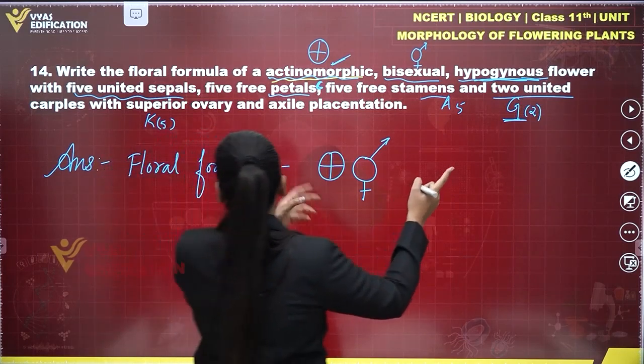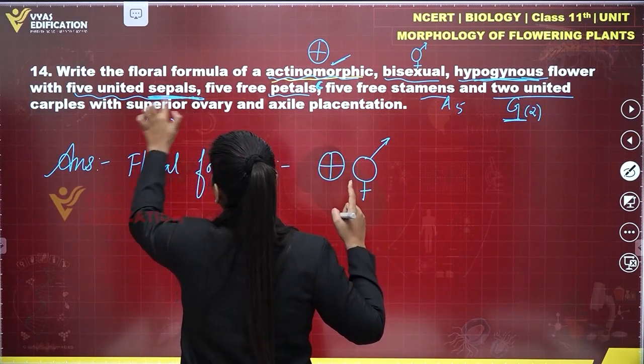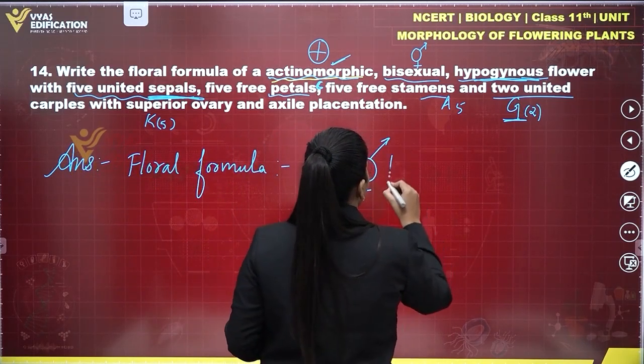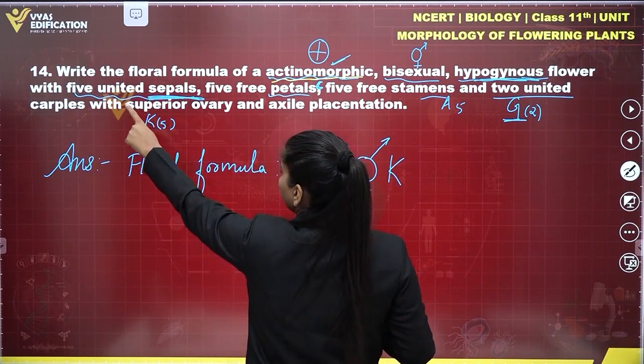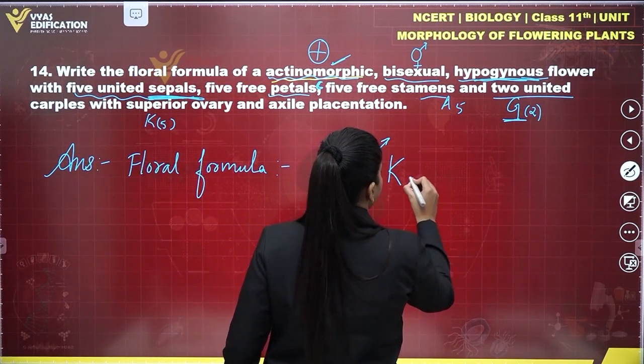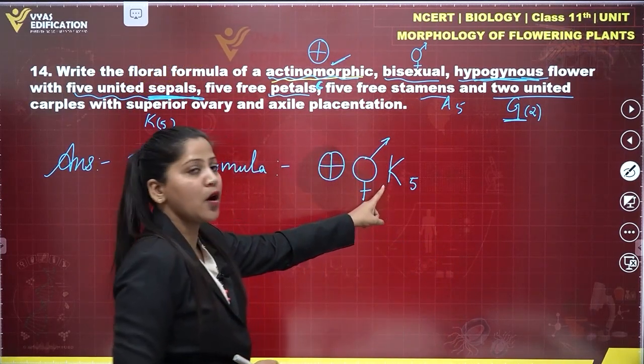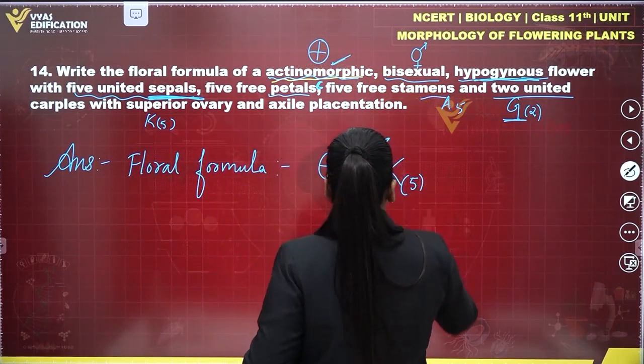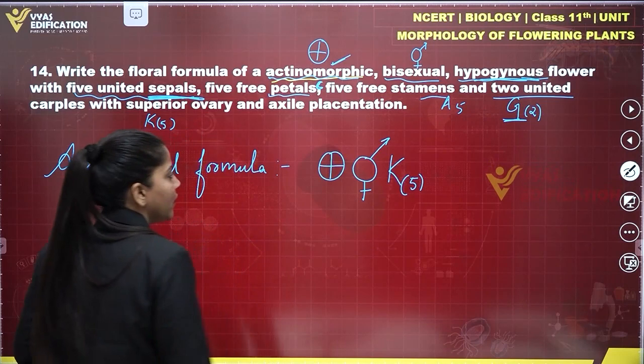So let's talk first of all about the sepal. Sepal is represented as capital K. So we have capital K, which is 5 in number. Calyx or sepals are 5 in number and united, so we'll make a bracket over this 5.